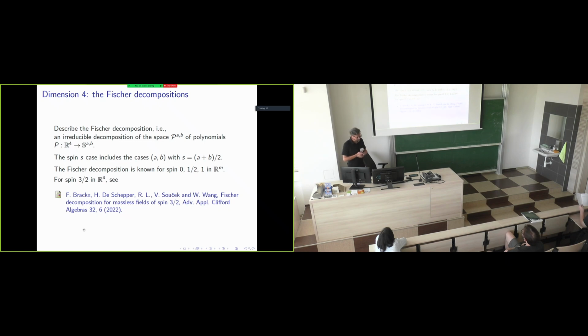And the spin S case includes the cases AB for which this equality holds, and the Fisher decompositions are well known for spin 0, 1/2, and 1, even in any dimension. For spin 3/2, we described the Fisher decomposition, but only in dimension 4 quite recently.